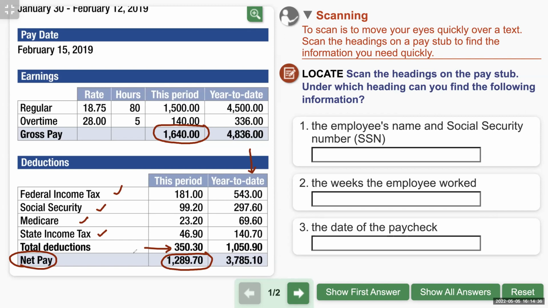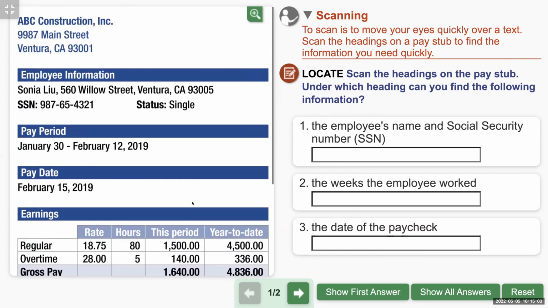And then her total deductions for the year so far, 1,050 with 90 cents. Her net pay total right now, only for the first 2 months of the year, $3,785.10.